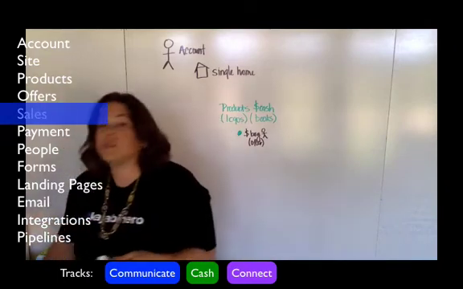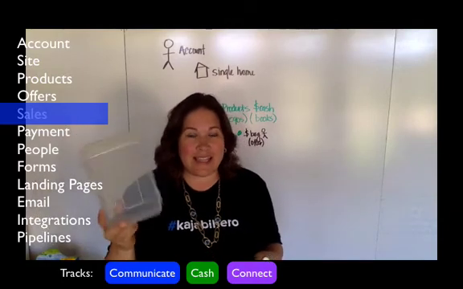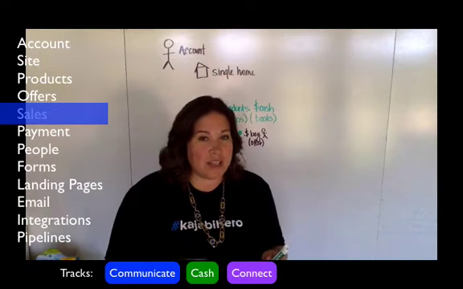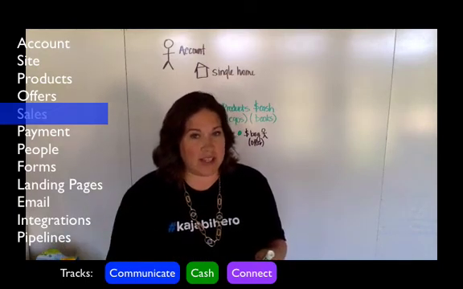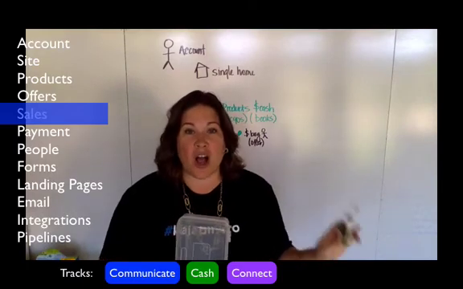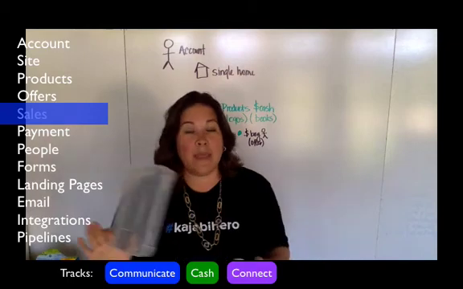Now, the sales page is just a container. That's all it is. It is a container. Now, there are two different types of sales pages. And again, this is where we have the beauty, which is options and customization, the beauty part of it, and the beast.